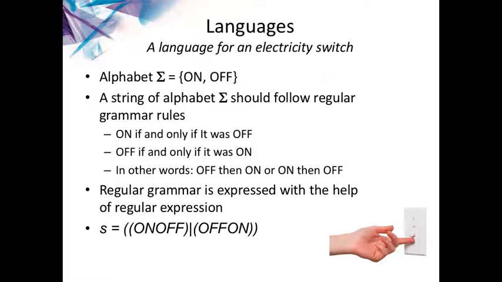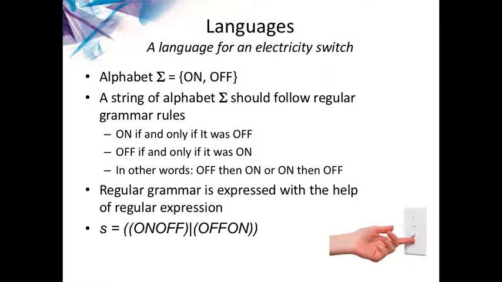So if you have a language like this of a switch, as we have agreed before, anything that can be dictated by a discrete event has its own language. In fact, something like the switch that you see here on the screen does have its own language. The alphabet of the switch is on and off. And the language, just like how it has an alphabet, has a grammar that dictates how you can build the strings of this language.